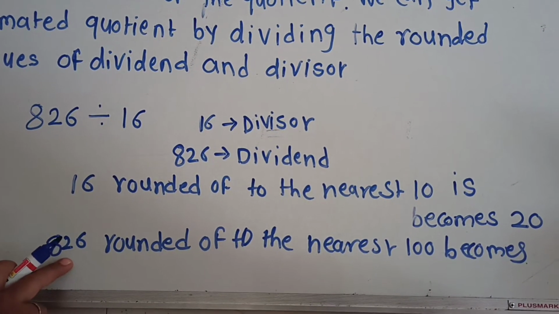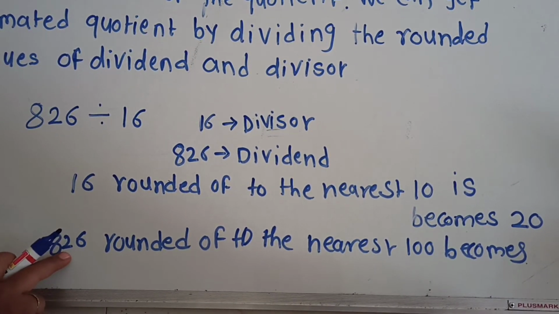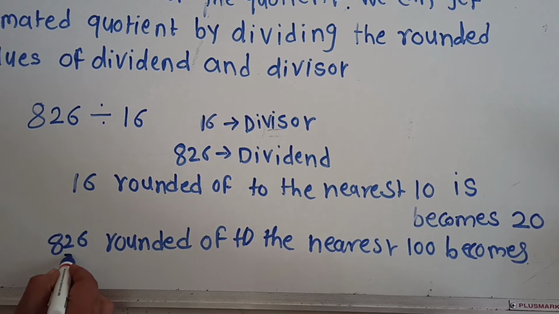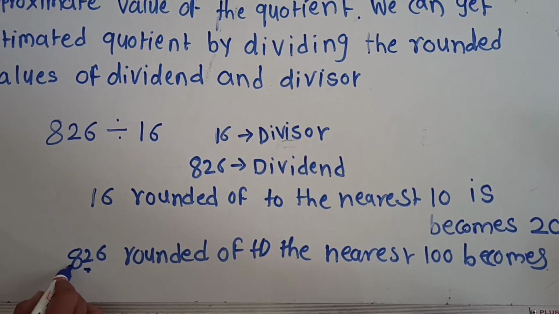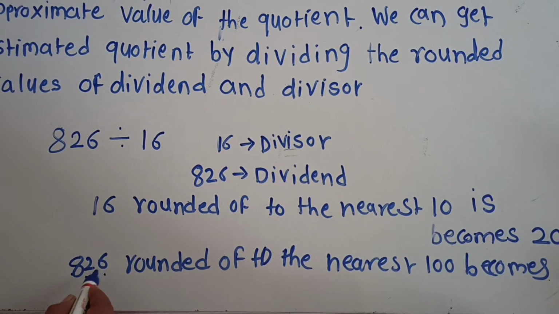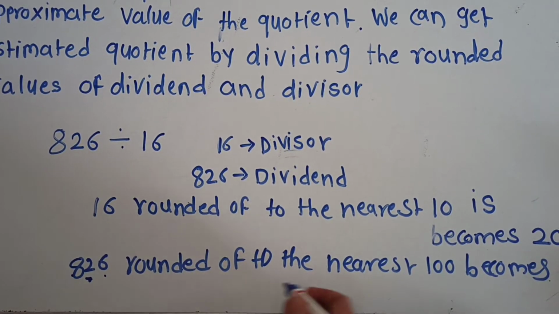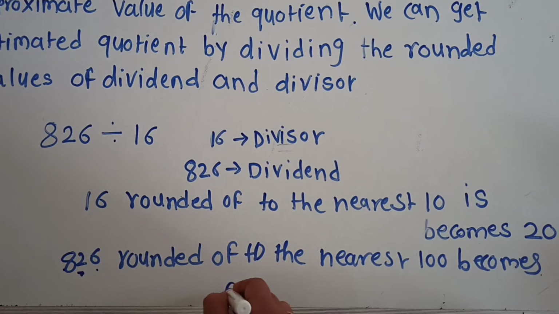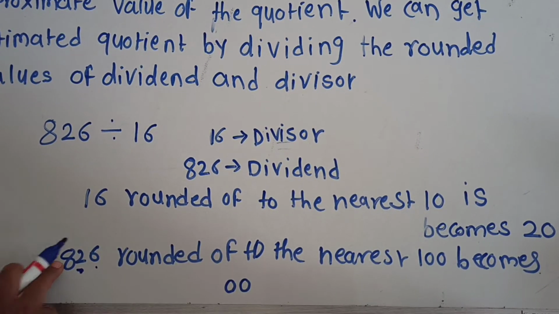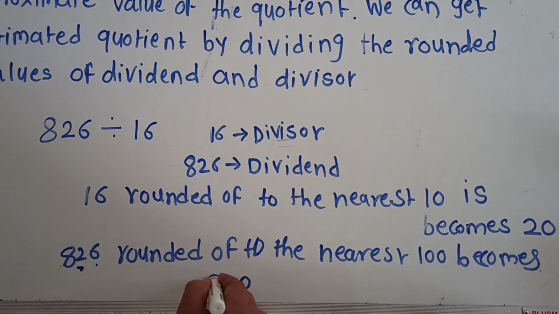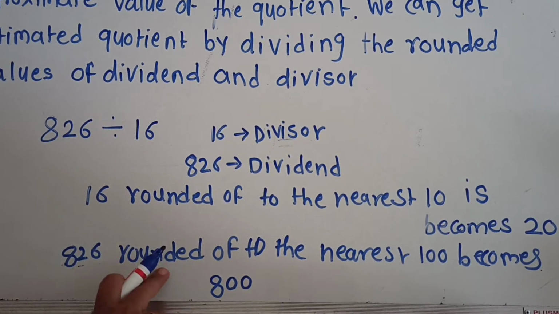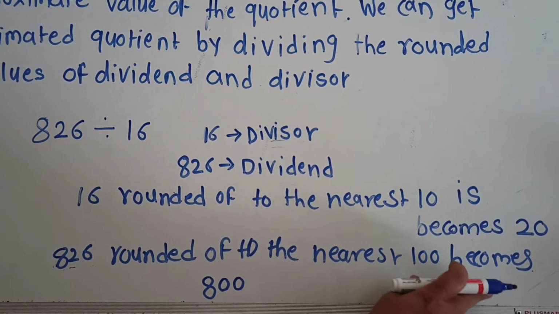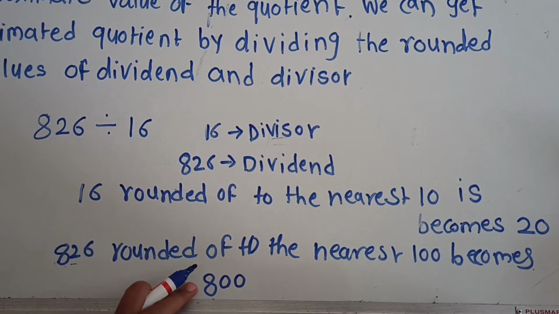So we have to see the tens place, and the tens place is 2. So no change in the 100 place, but ones and tens places become 0 and 0, and this 8 stays as it is. So 826 rounded off to the nearest 100 becomes 800.